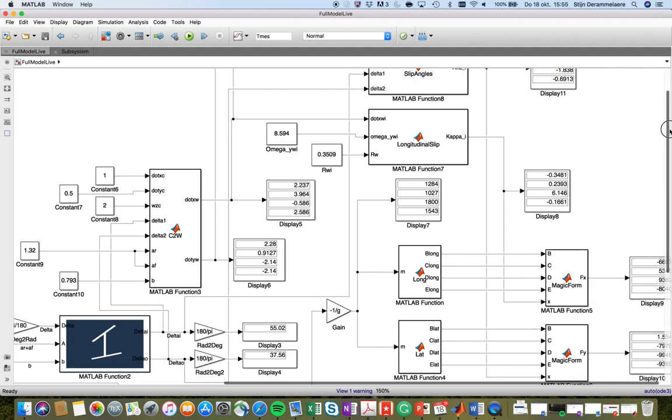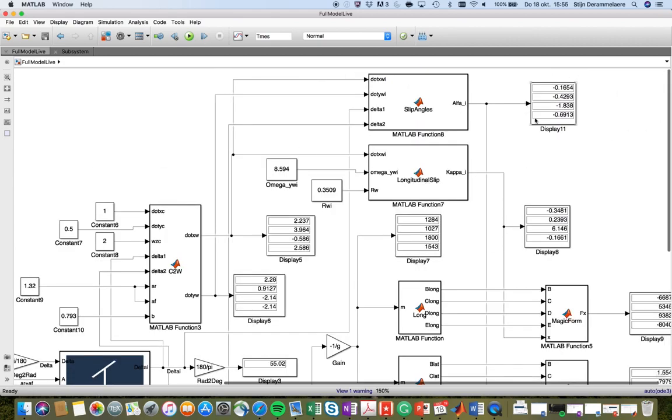Then you will see these are the values I obtain for the slip angles by applying the correct formulas. These are the values I obtain for the kappa values, applying the right formulas.